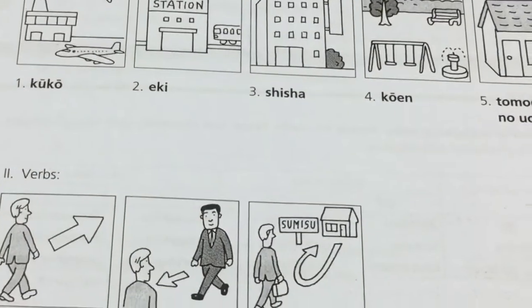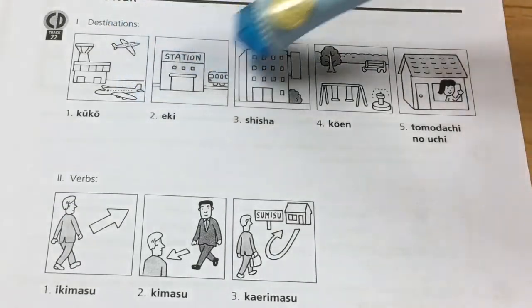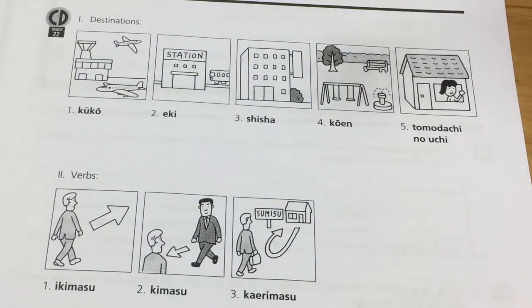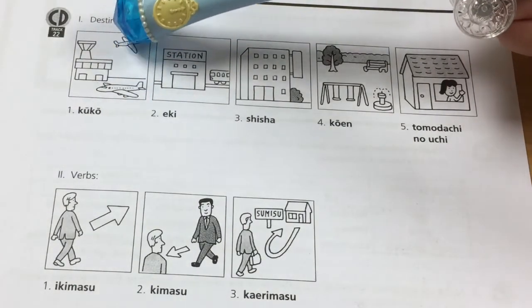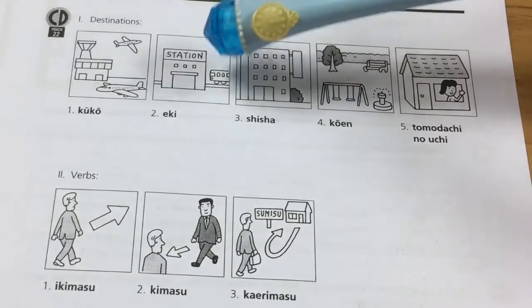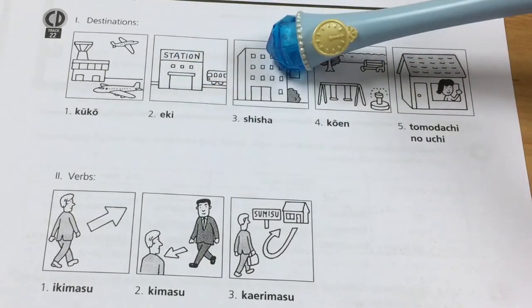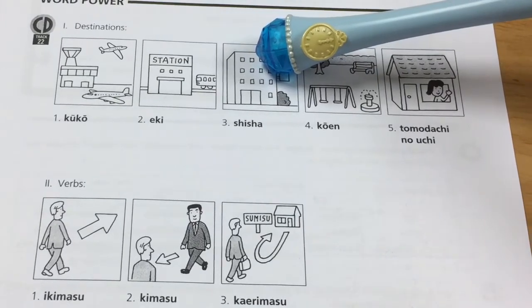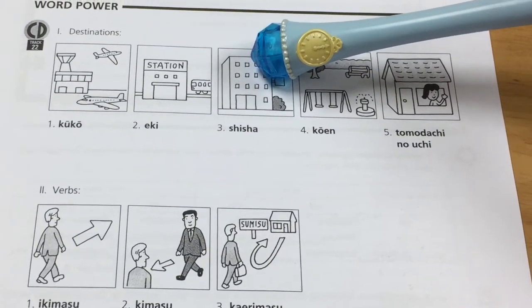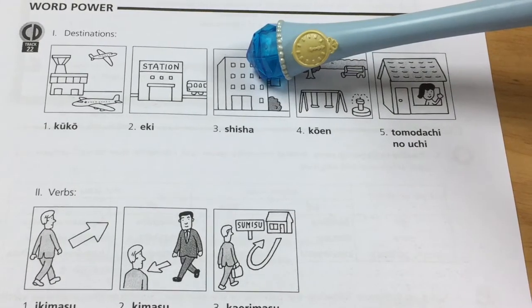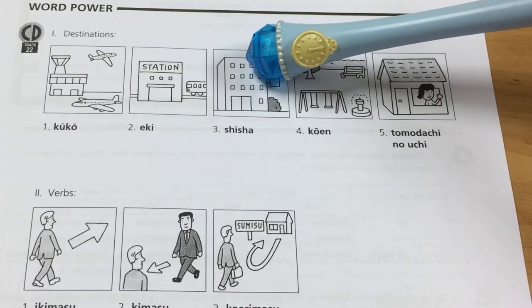And on the top, you see the names of places again, which you can use particle ni with as a destination. For example, kuukou ni ikimasu, I'm going to the airport. Eki ni ikimasu, I'm going to the station. Shisha ni ikimasu. Shisha means the branch office. You know, land in a city like Tokyo is very expensive.